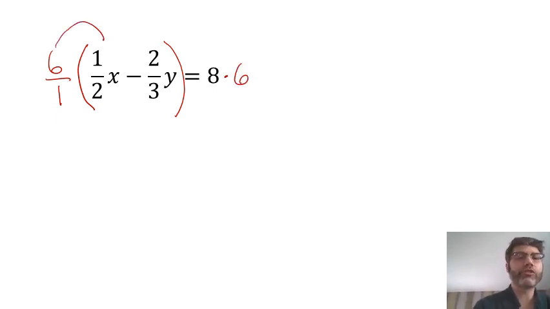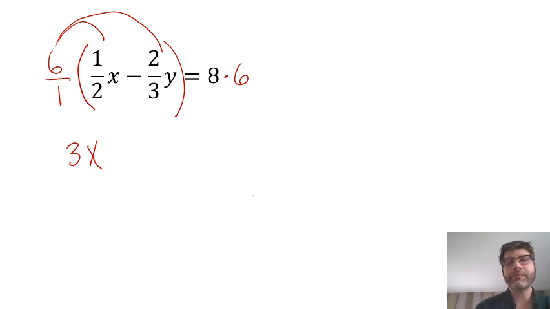So let's distribute the 6 over everything on the left-hand side. 6 times 1/2 is 3, so we're left with 3x. 6 times -2/3, well, 6 times 2 is 12, and 12 divided by 3 is 4. So that would be -4y.